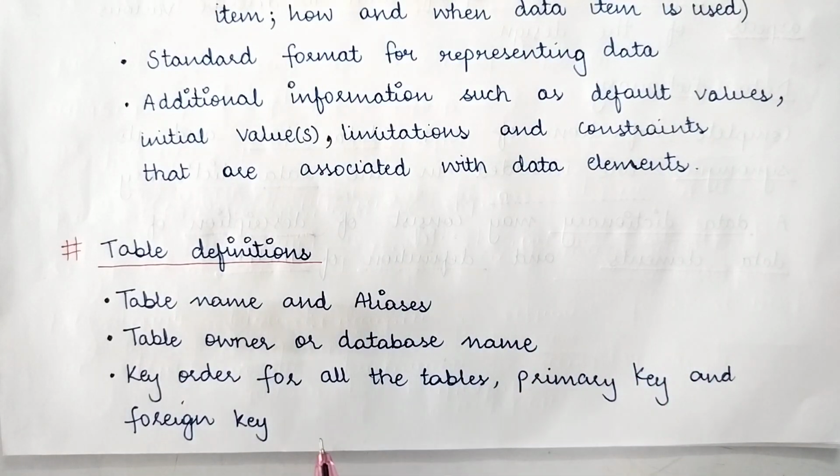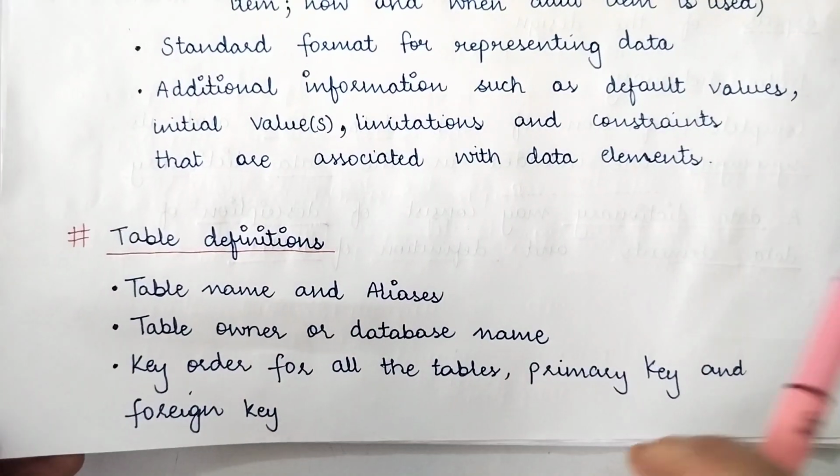For example, as I told you, student roll number would be the primary key in the student table, but when the same student roll number is used as a data item in the course table, where it is not the primary key, but since it is a primary key somewhere else, that means it would be the foreign key in the course table. So, that way the key order for all the tables, which includes the primary key and foreign key, is given in the table definition.